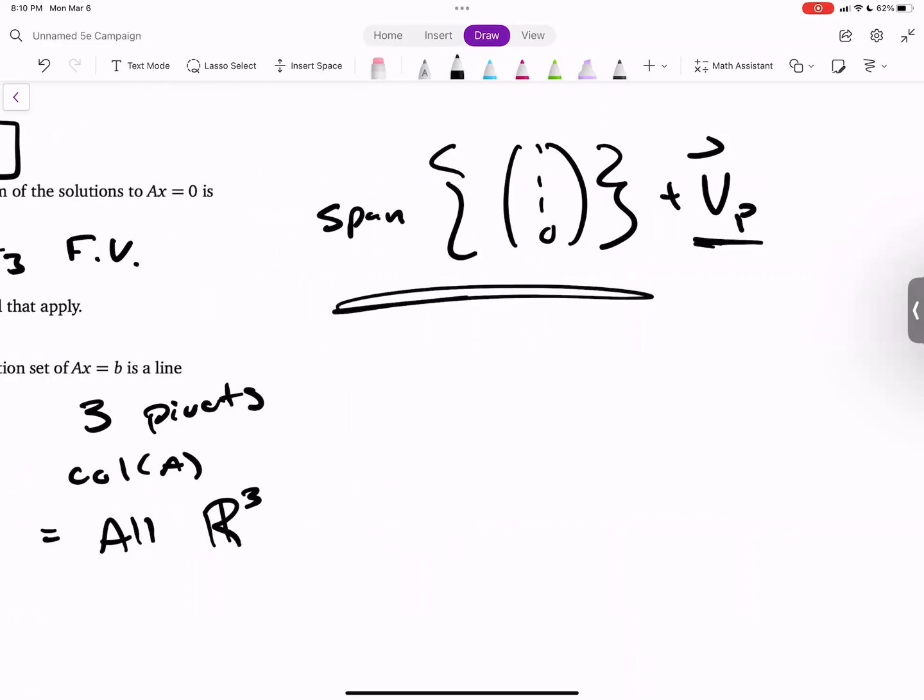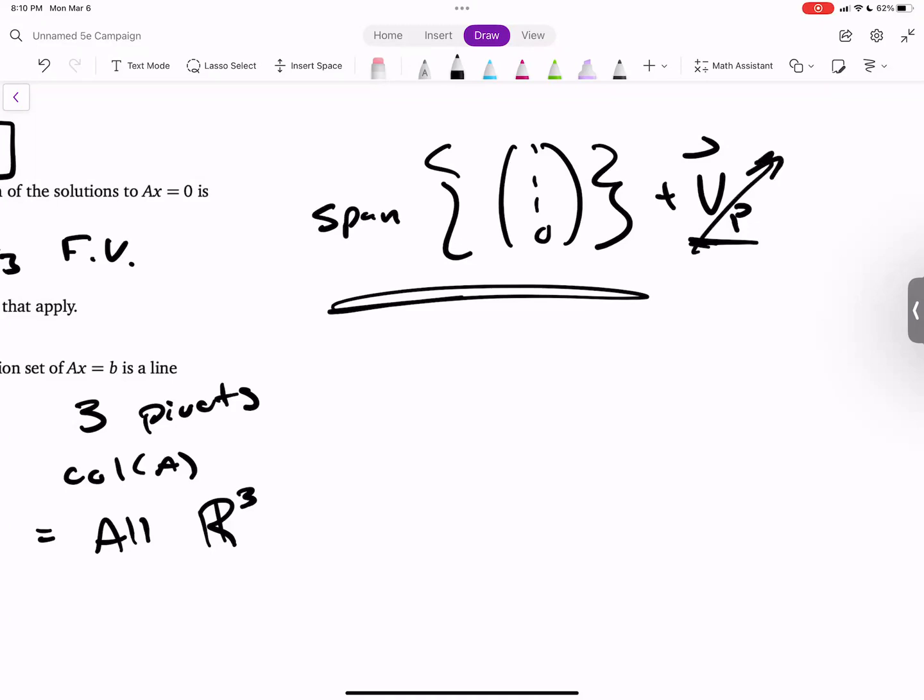Well, if B is 0, what is our particular solution? If B is 0, what is V particular? 0, right? This is 0 if and only if we're solving a homogeneous system, which means a null space, we just have this, no particulars.